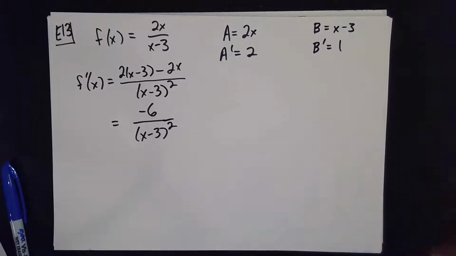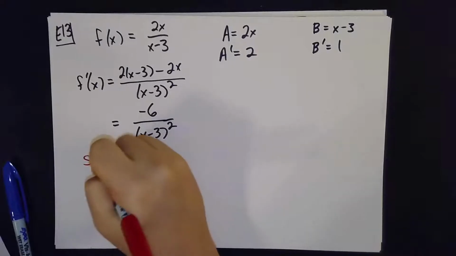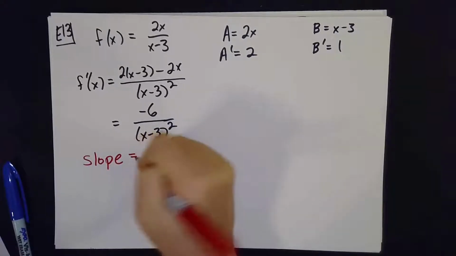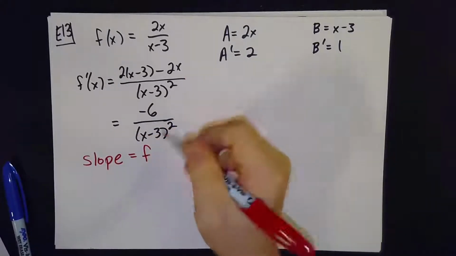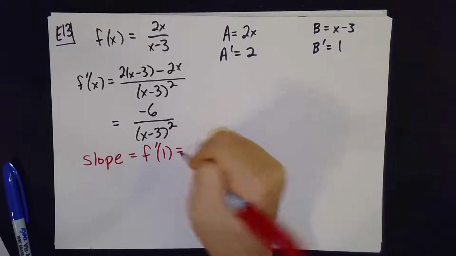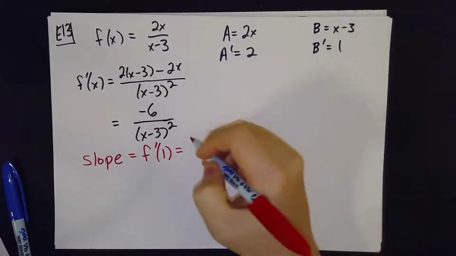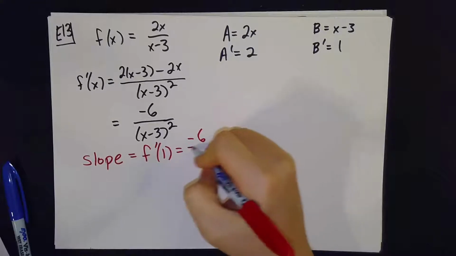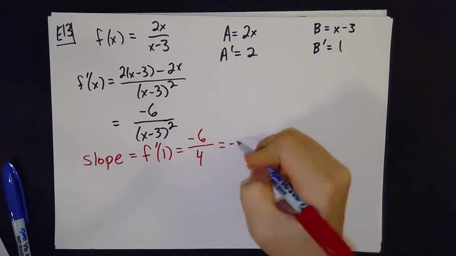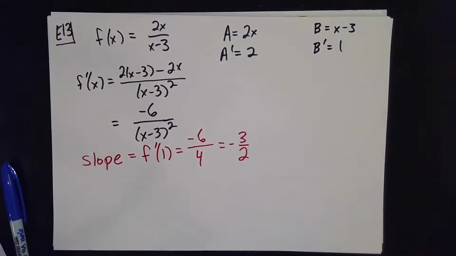Okay. So the red slope then is f prime of 1, which as it happens will be minus 6 divided by 4, which is minus 3 halves.